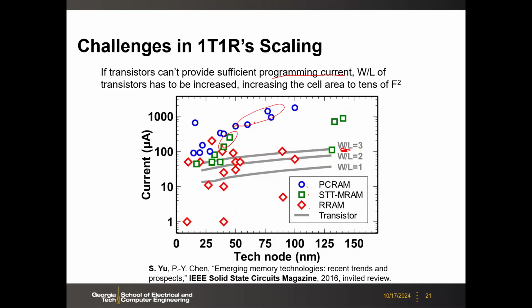This is still true for today's phase change memory, MRAM, and even RRAM. Ideally, they should reduce the programming current to tens of microamps, even 10 microamps. That would be perfect. But right now, typically it's more than 100 microamps. So you need a very large transistor to give the current.